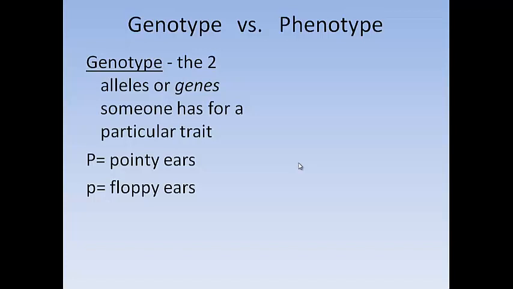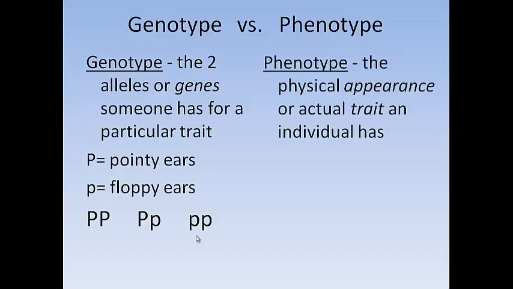There's only 3 combinations of those 2 letters that you could have. You could have 2 capital P's, a capital P and a lowercase p, or 2 little p's. These are genotypes. These are the possible combinations of the genes that a person or a puppy could have.